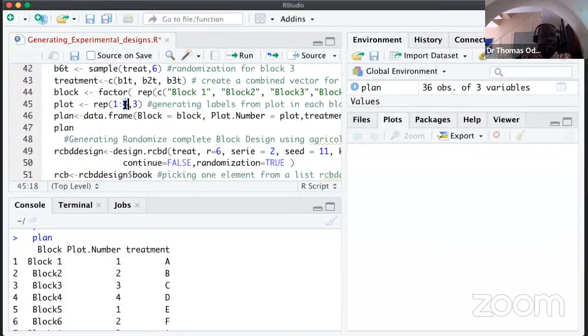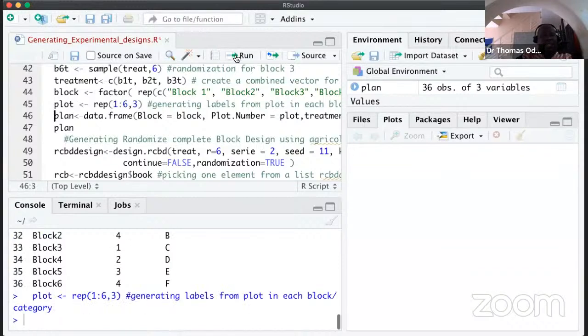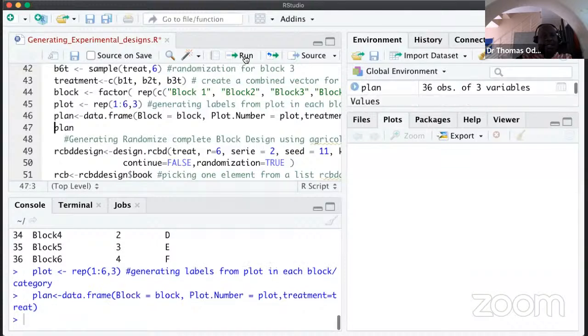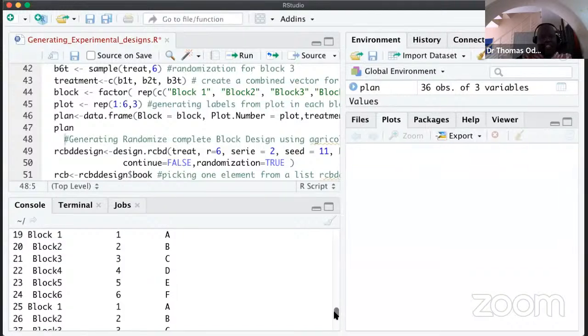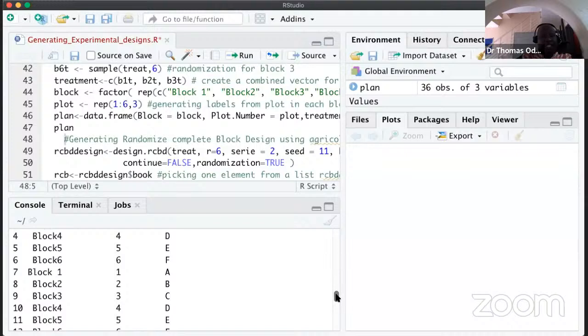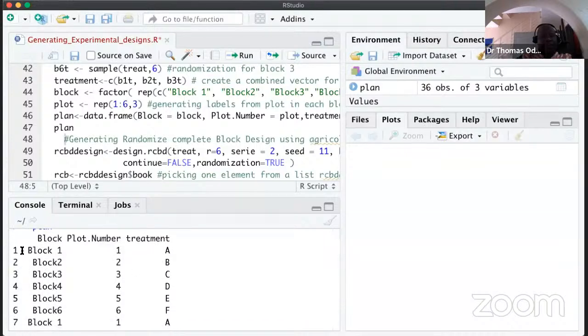Okay, I think it should be 1 to 6. Let's run it again. So remember, each block has 6 units, 6 experimental units. So here we are getting block 1, plot number 1, and then you have block 2, plot number 2. This is also not correct.